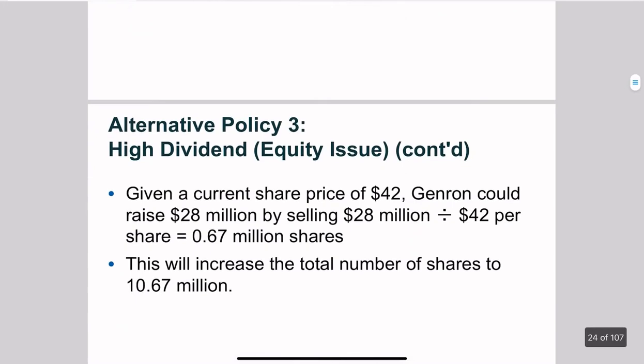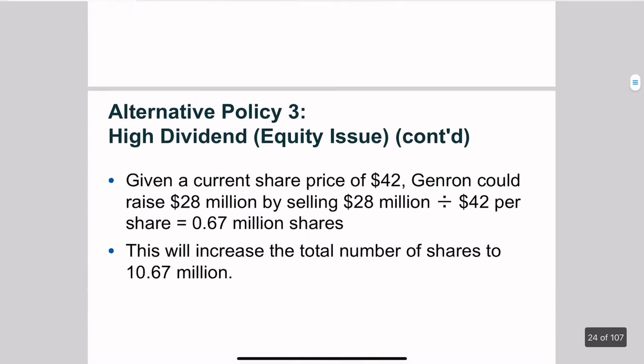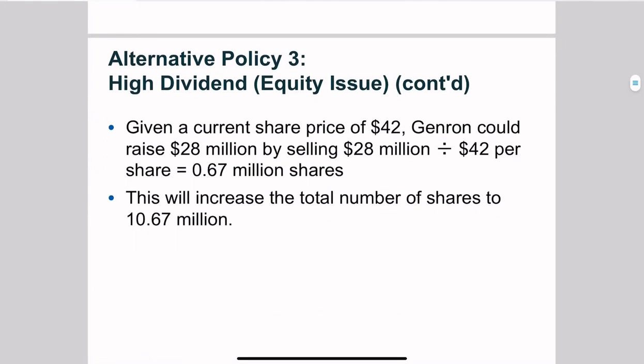So let's see what will happen if the firm pays a higher dividend by issuing some equities. Let's see how the firm's share price will change. Well, you can guess it, right? Share price should stay the same. Let's verify this.